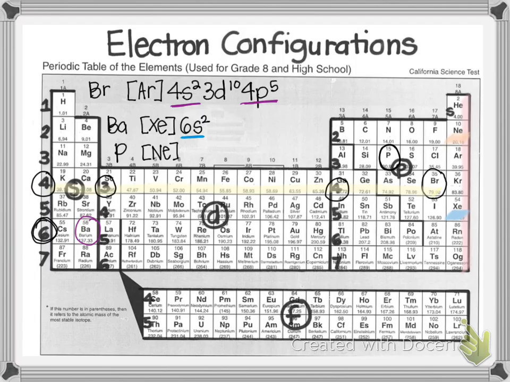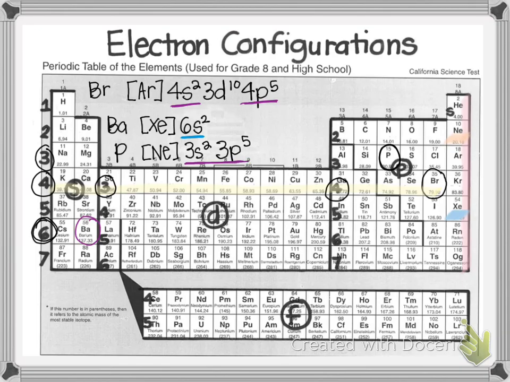Then you come down to the period you're in, which is 3, and you'd say 3s2, and then 3p5. And so for phosphorus, right there, those are the valence electrons.